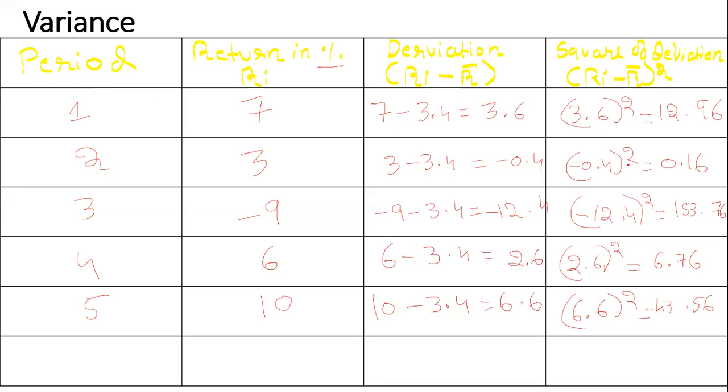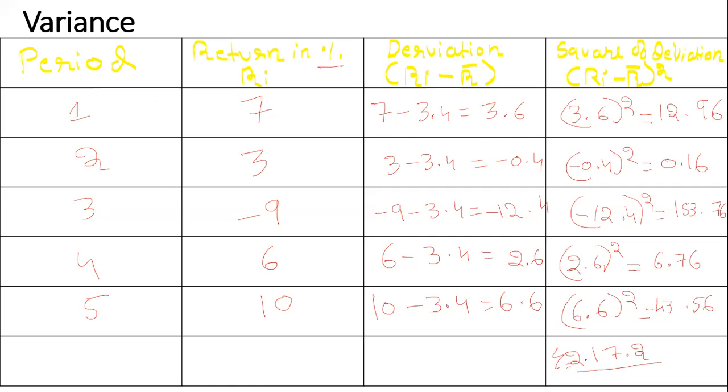So if we add all the data of square of deviation, 1, 2, 3, 4, and 5, we will get the total 217.2. That is the summation.